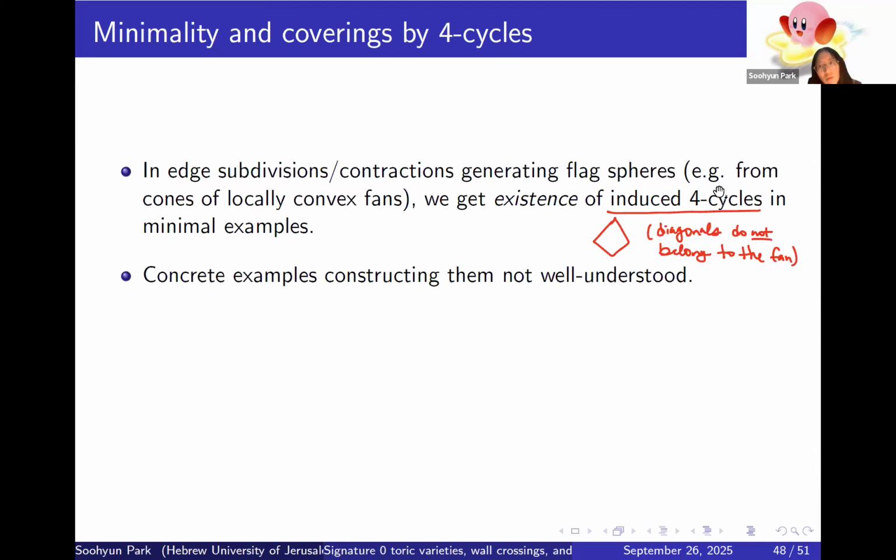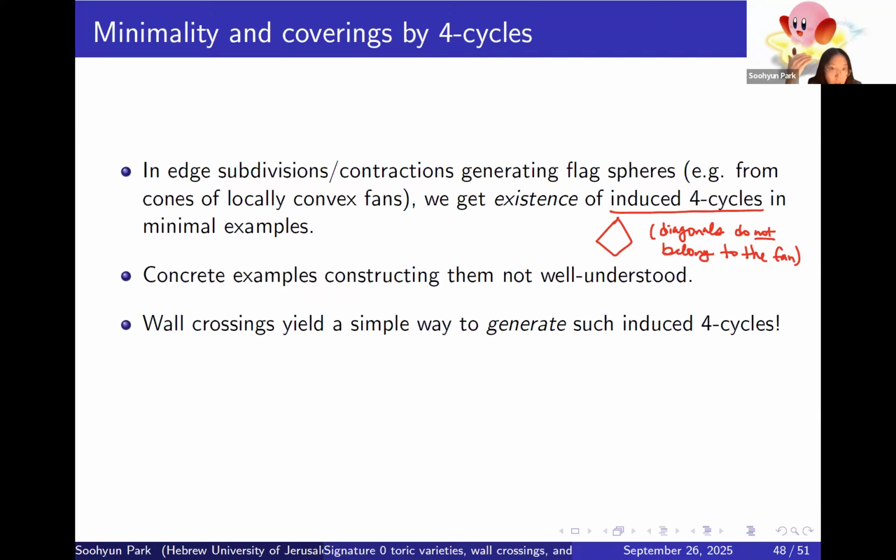By induced 4-cycles, I mean you look at the one skeleton of the simplicial complex and you end up with a square, and the diagonals are not in the simplicial complex. So in particular, concrete examples were not very well understood.